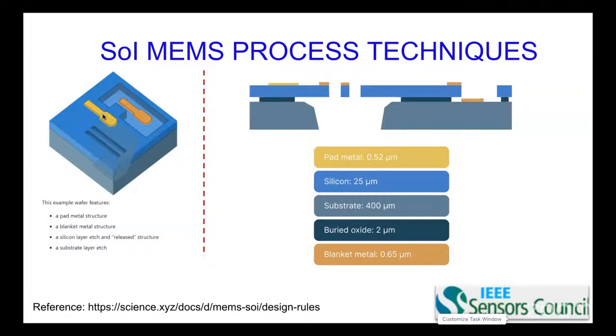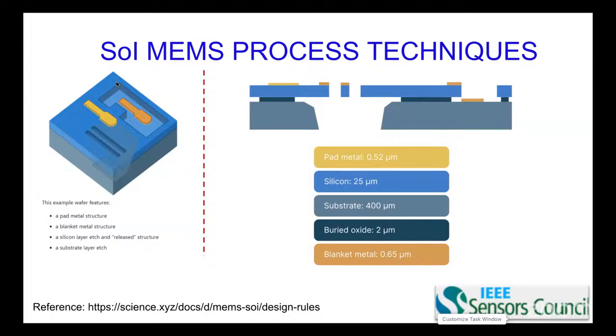Let me explain this picture in the 3D view. There is a metal pad here, and a blanket metal placed here. The orange color stands for the blanket metal, the yellow color is the pad metal, and the blue color is silicon, the device layer silicon, which is 25 micrometers.